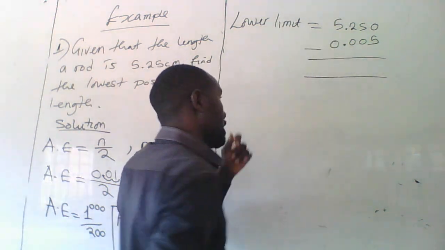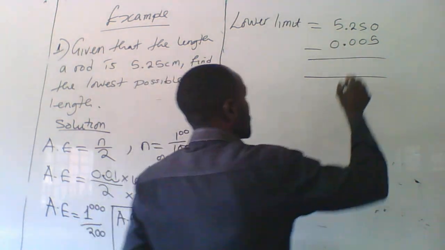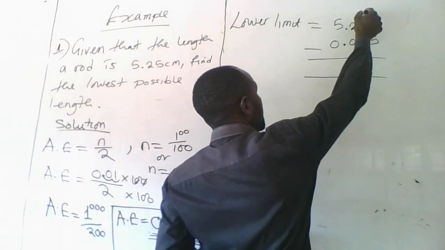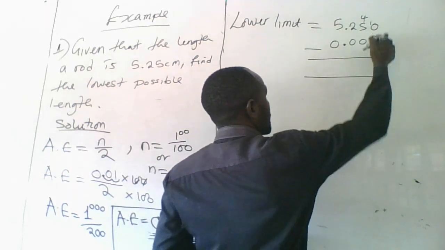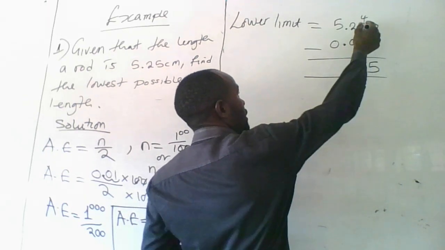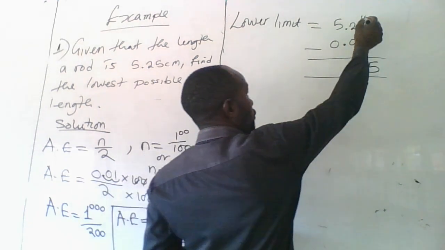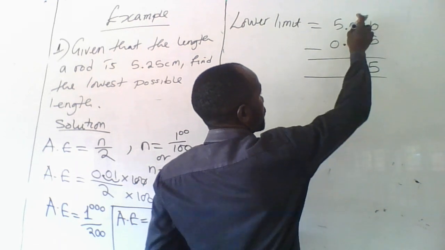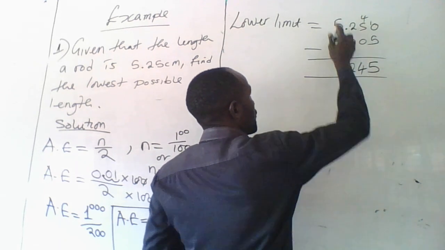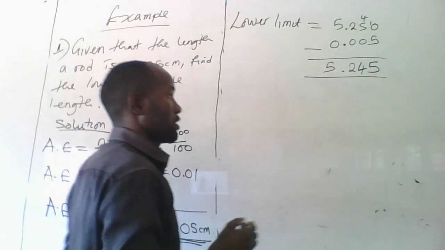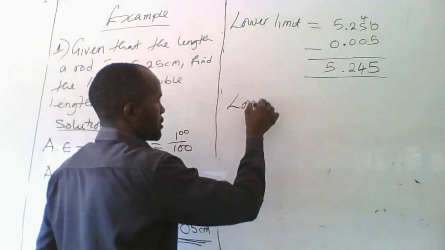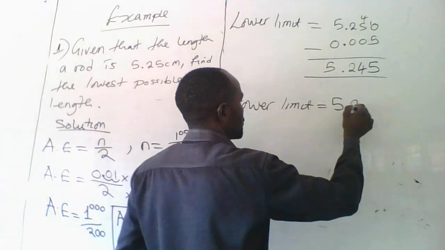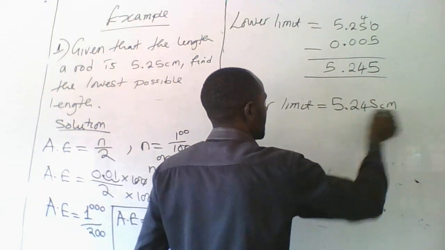So we are going to subtract instead of adding. 0 minus 5 can't, borrow a 1 from 5, you remain with 4. 10 minus 5 is 5. 4 minus 0 is 4. 2 minus 0 is 2. 5 minus 0 is 5. So our lower limit is equal to 5.245 centimeters.